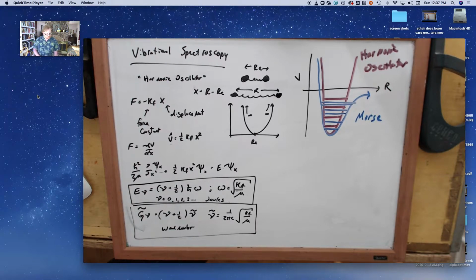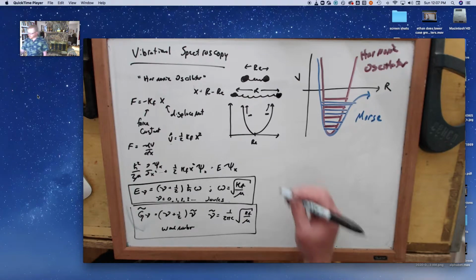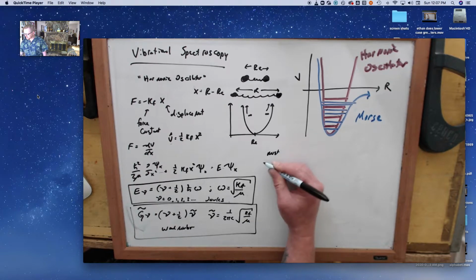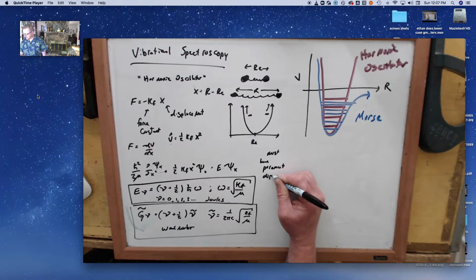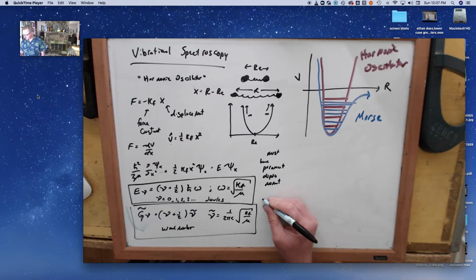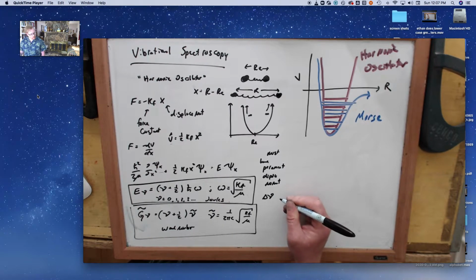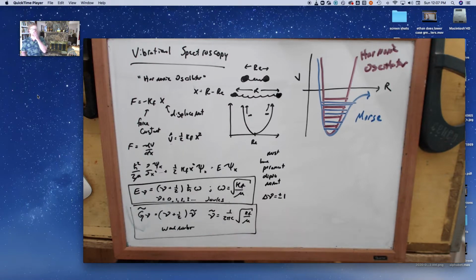Okay. And so our selection rules: must have a permanent dipole moment. Hopefully you remember that from OChem. And then also delta nu can only be plus or minus 1 for the perfect harmonic oscillator model.